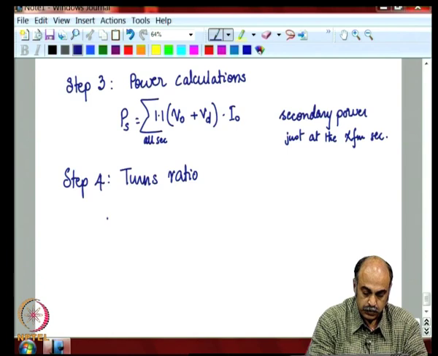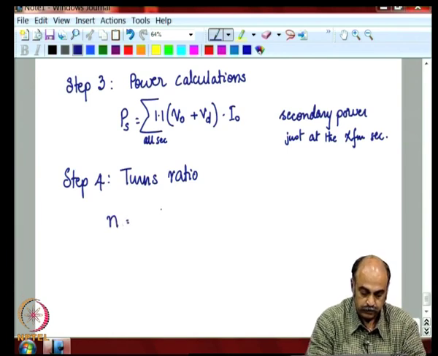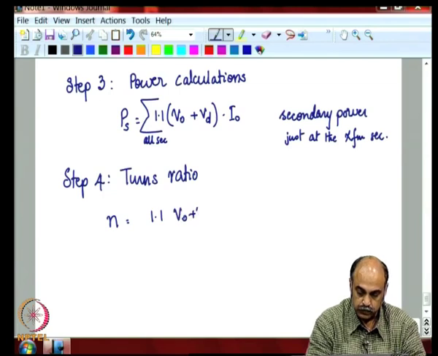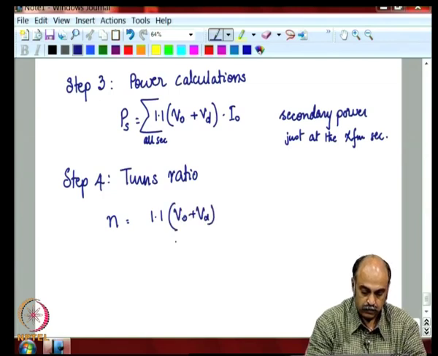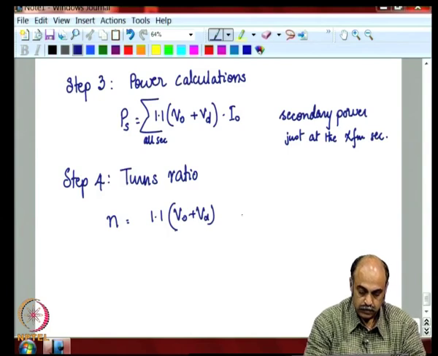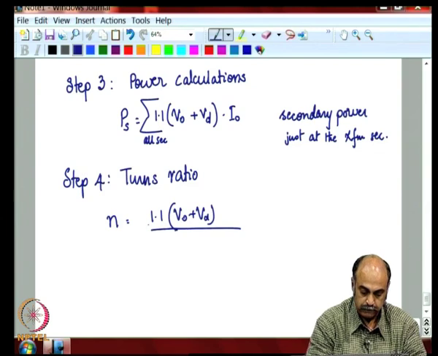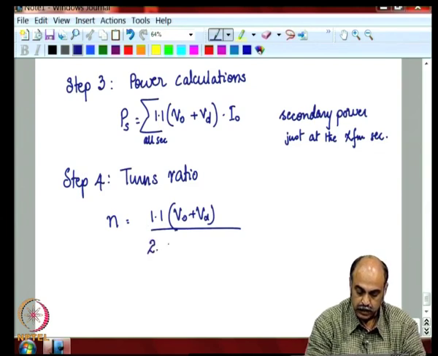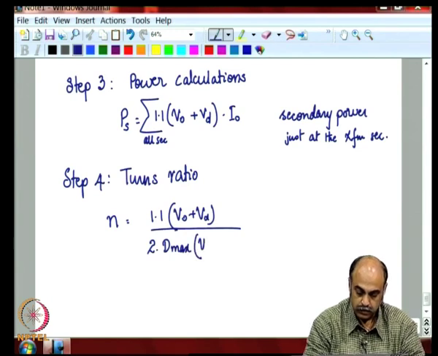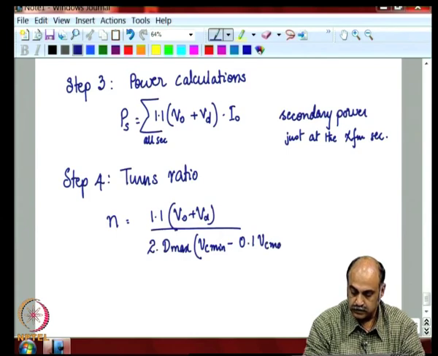So, the turns ratio is nothing but, so let us say 1.1 V naught plus V D divided by 2 times D max into Vc minimum minus 0.1 Vc max.